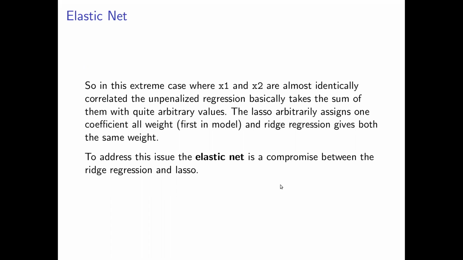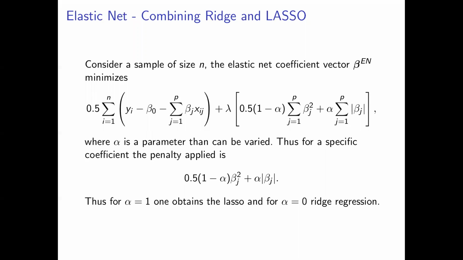So one variant of both the ridge regression and the lasso is the elastic net. This is the machine learning term for we basically mix the lasso and the ridge regression penalty.